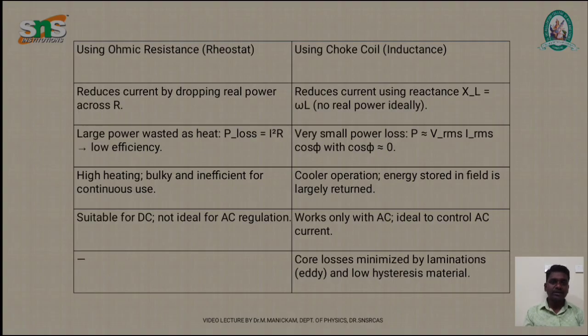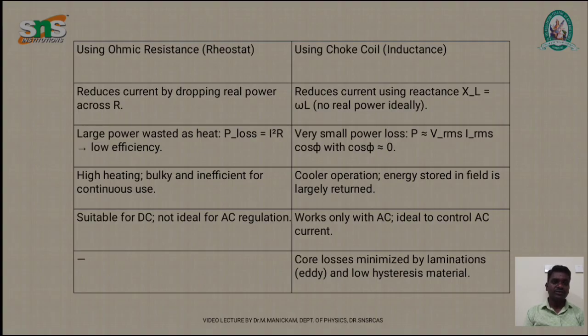An ohmic resistance has high heating, is bulky and unsuitable for continuous use because it gets heated. This is the problem with the ohmic resistance. A choke coil operates cooler, since the energy stored in the field is largely returned, so no heat is produced and there are no heating issues. An ohmic resistance is suitable for DC, not ideal for AC regulation, but a choke coil works with AC and is ideal to control AC currents.